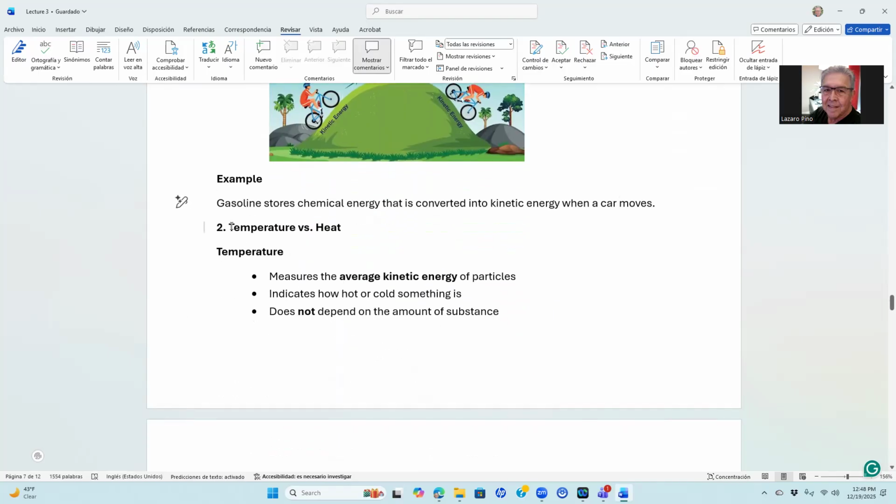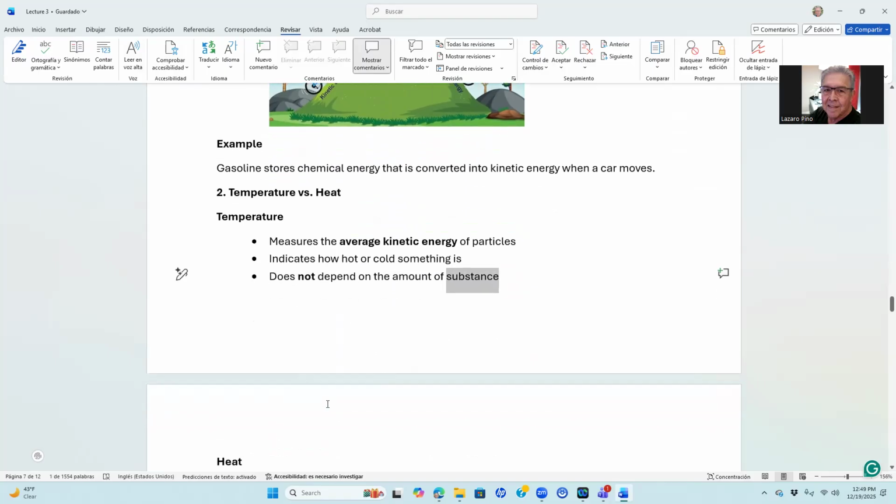Let's continue then with temperature and heat. Temperature versus heat. Temperature measures the average kinetic energy of particles, indicates how hot or cold something is, and does not depend on the amount of substance.